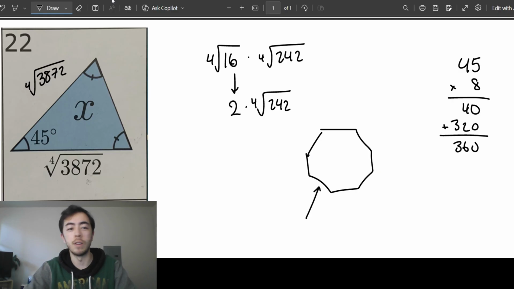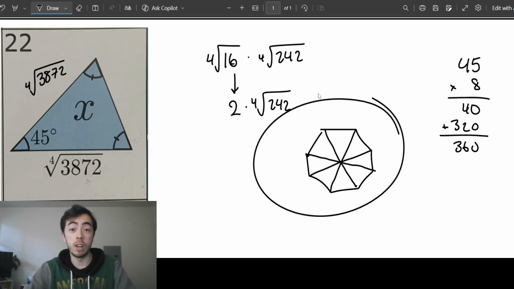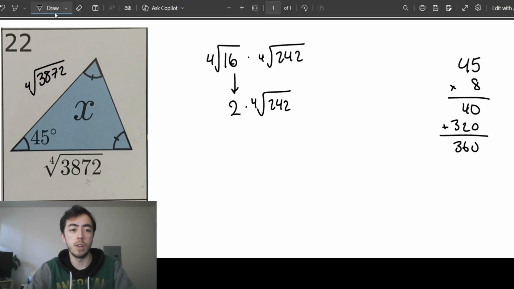Of course, my lines aren't that straight, so this diagram isn't perfect, but it gets the point across. And so all of these triangles that I'm drawing are equivalent, or I guess congruent, to the one that we have here. And so technically it is possible to think of this problem in terms of regular octagons if we want, but I think I just have an easier strategy.